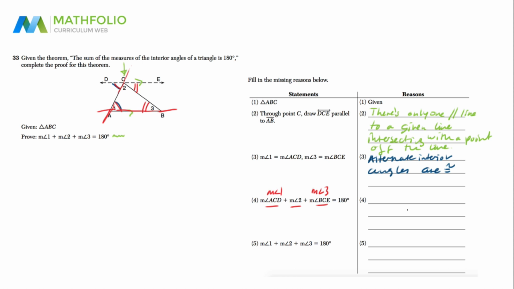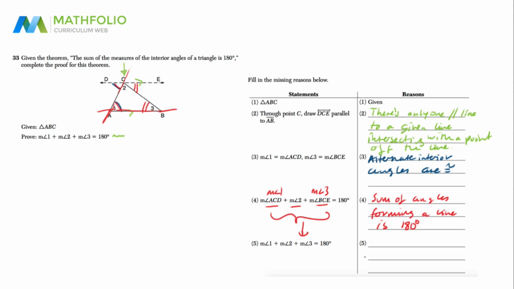The reason in this case is the sum of angles on one side of a line is equal to 180. So sum of angles forming a line is 180 degrees.